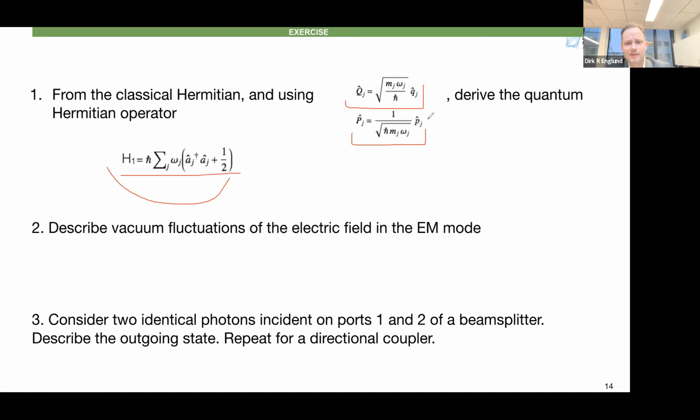So how do we go about that? This is probably difficult to do over Zoom, but all right.